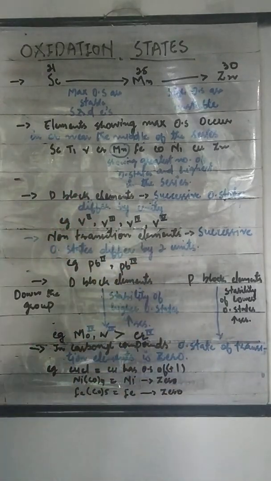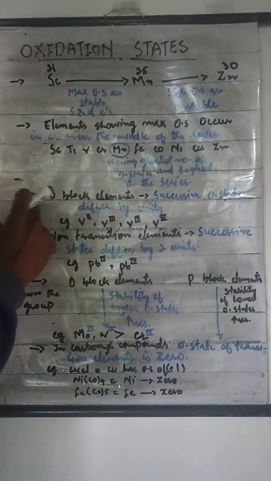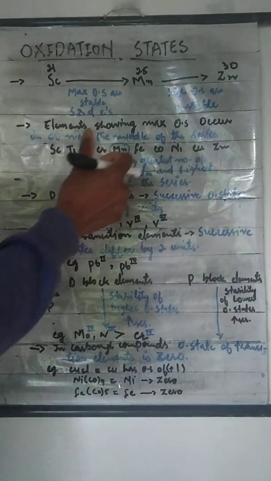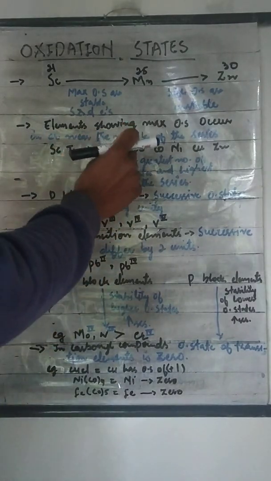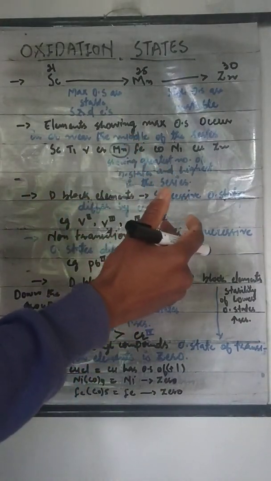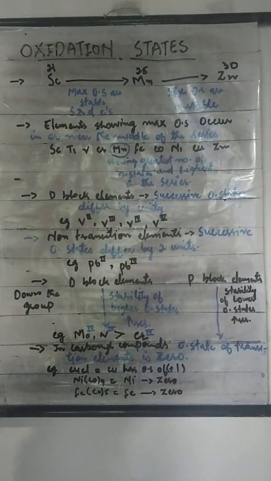Before going to the third point, I will add a few more points here. In case of 4D series, ruthenium is the element which shows the greatest number of oxidation states and highest oxidation state in the series.